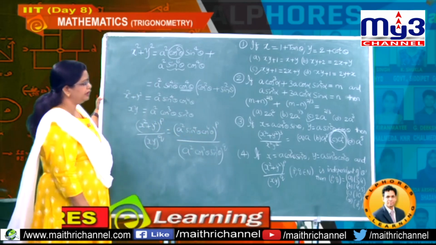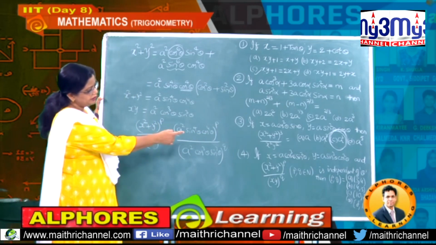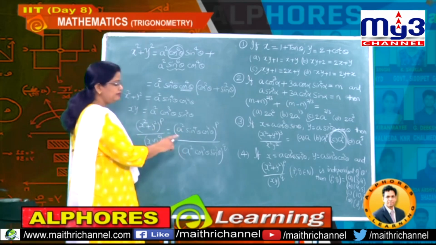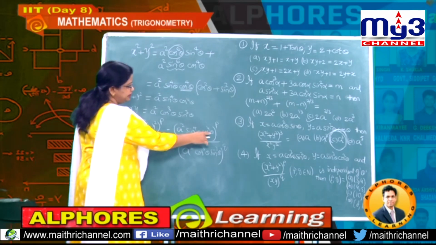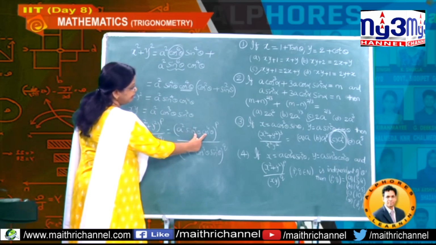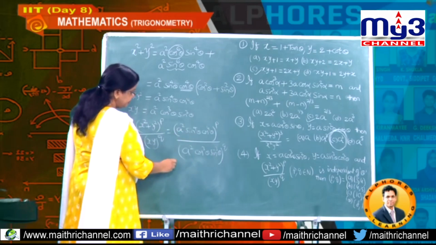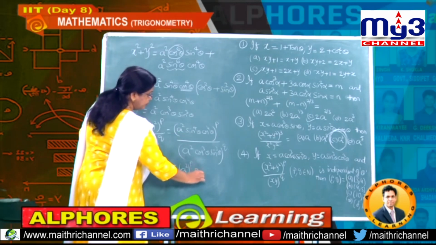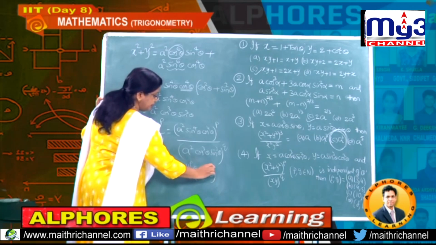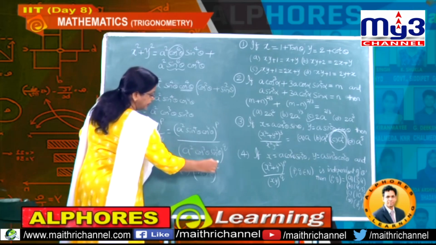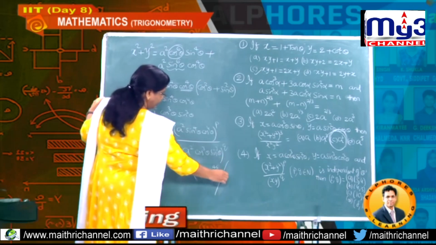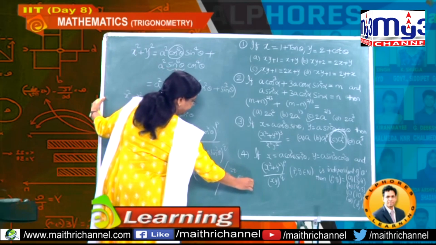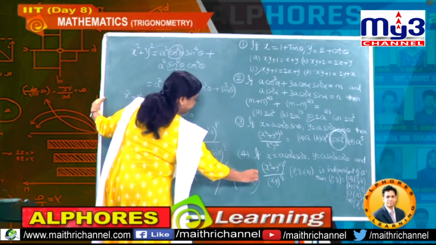Okay students, but they said the expression must be free from theta. Free from theta means a square, no problem at all, only the problem is with sin and cos. Now the same value you are having, what is the power you can get here? A square to the power of p into sin theta cos theta whole to the power of how much will you get? 4p. And in the denominator it is divided by a power 2q, sin theta cos theta whole to the power of 3q.